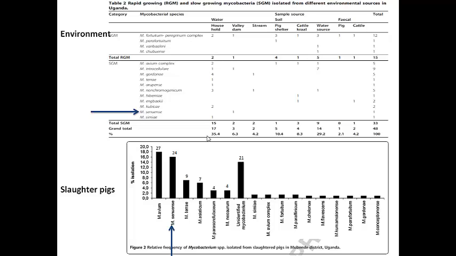We isolated 24 from the animals, so that means the animals have more than what is in the environment. The M. terrae also, we isolated 1, but isolated 9 in pigs. The same thing. So there's a direct relationship between the species that are prevalent in the environment and those that are in the pigs, but they are much more amplified in the pigs.